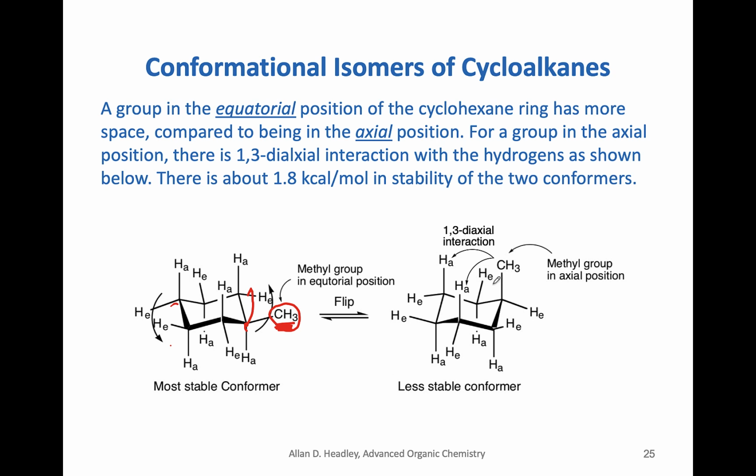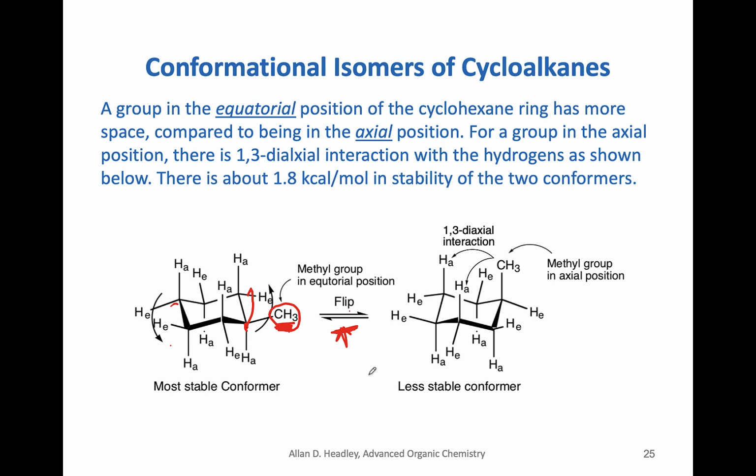So let's do that again just to make sure. If you do a ring flip where this is equatorial, it will go to the axial position. The question is, where will this equilibrium lie? To the left or to the right?